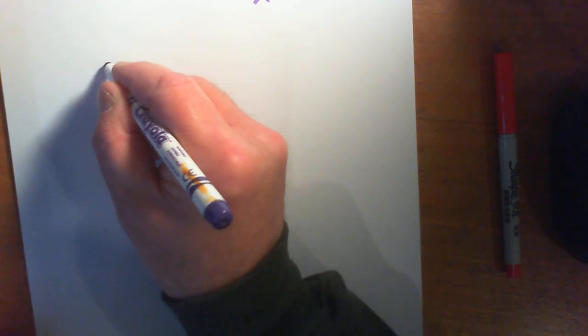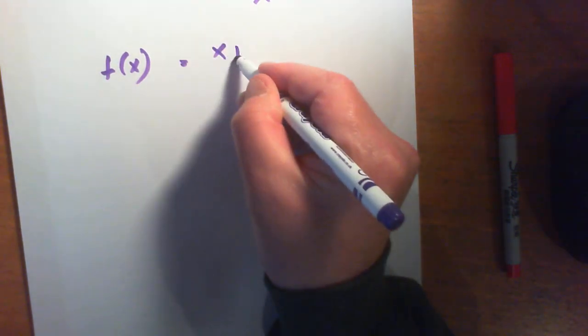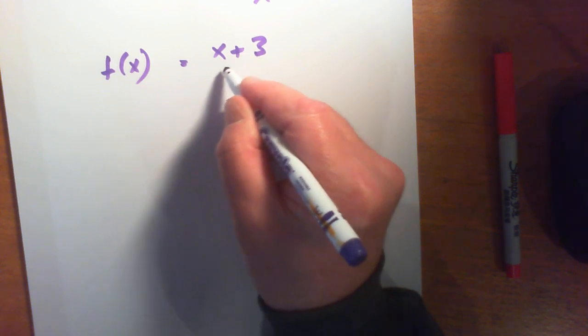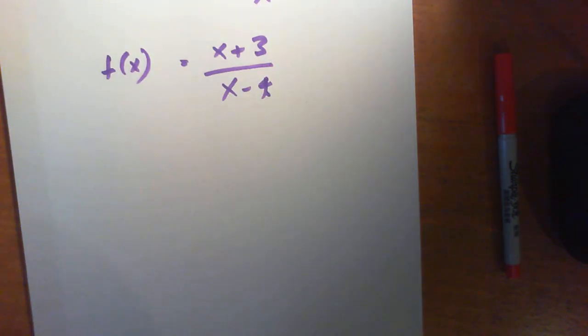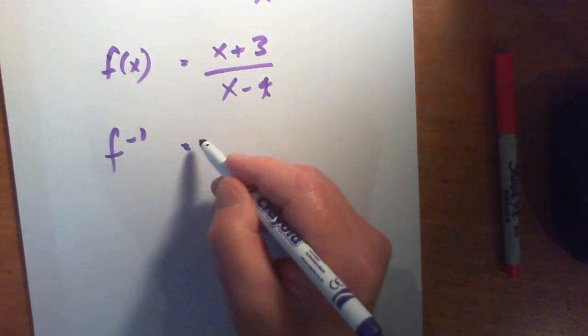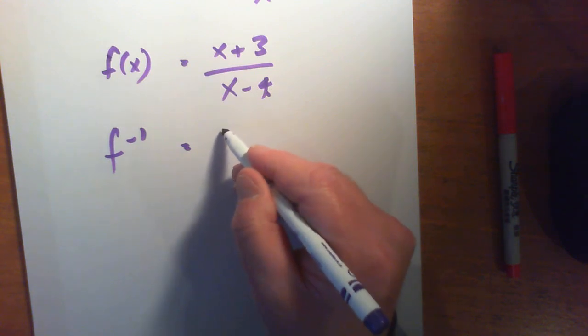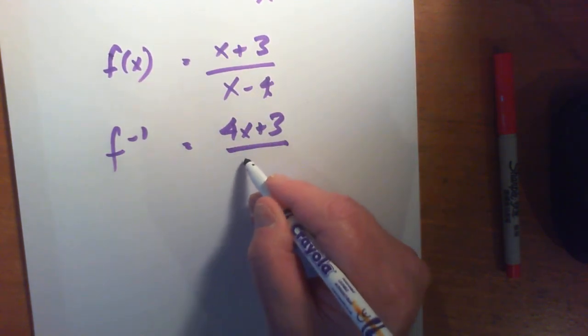Sorry about that, just managed to drop everything on the floor. The original function was, and f of minus 1, the answer for that is 4x plus 3x minus 1.